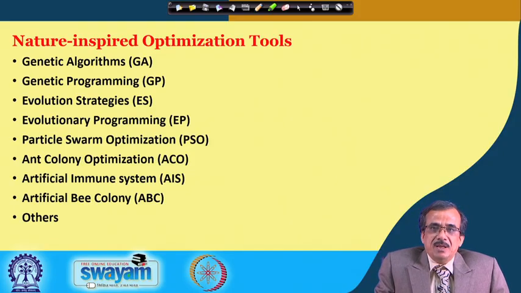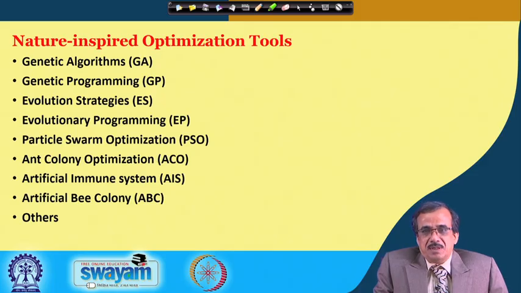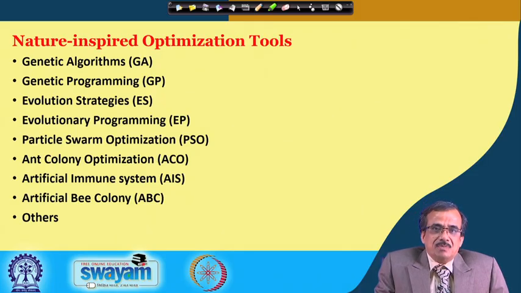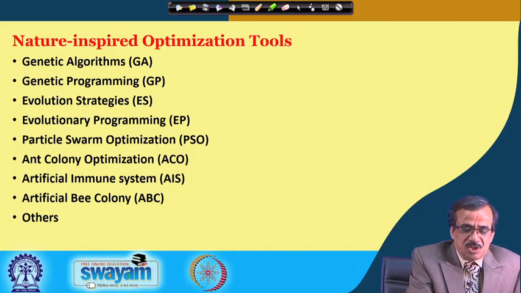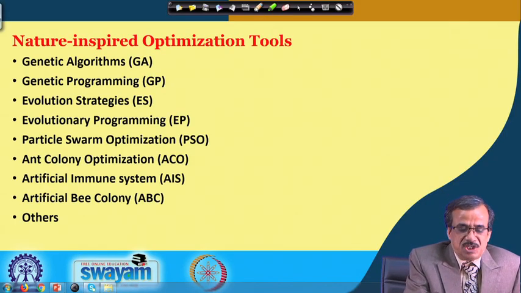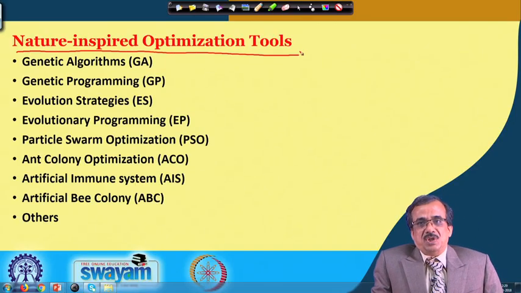The moment we fail, we try to see the way nature has solved similar types of problems, and we copy its principle in an artificial way. Consequently, a large number of nature inspired optimization tools have come into the picture.